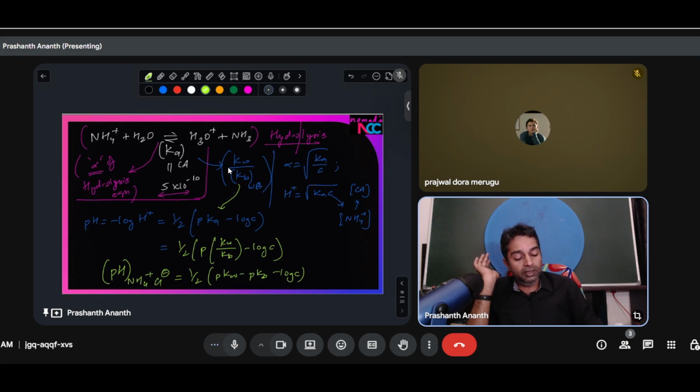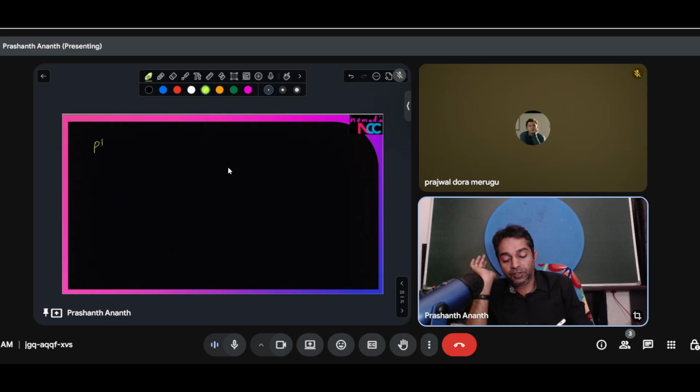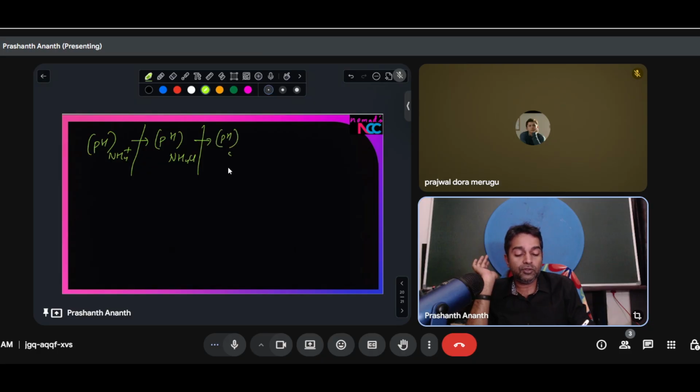So this equation, pH of NH4 plus, is also the same as pH of NH4Cl, which can also be considered the same as pH of a salt of weak base and strong acid.